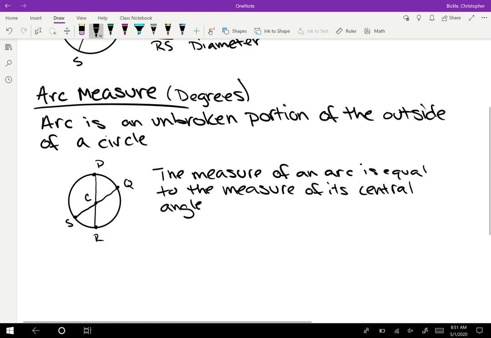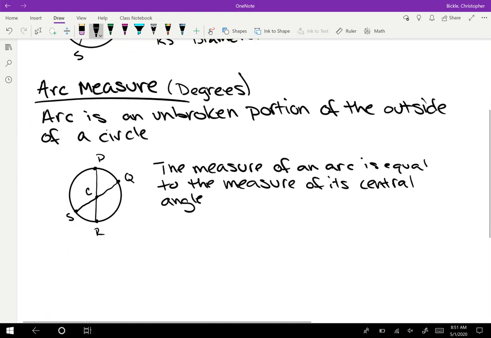When we talk about a central angle, we're talking about an angle that's formed at the center of the circle. So if I wanted to find the measure of the arc PQ, I want to know how many degrees it is from right here to right here. What portion of a circle is it, basically, is what I'm looking at.